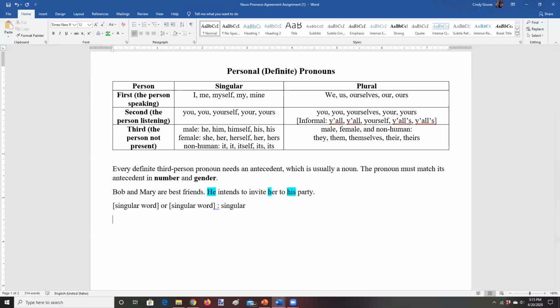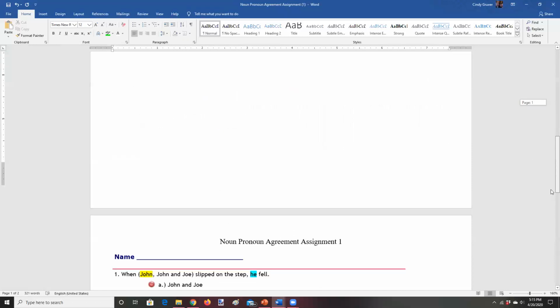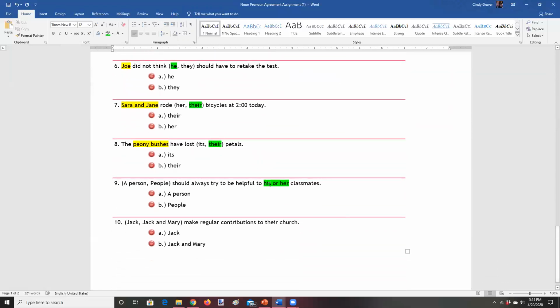And we've already seen this: when we have a singular word like Sarah and a singular word like Jane, then that is plural. So going back here, "his or her," singular or singular, that means we need a singular antecedent. People is plural, a person is singular.